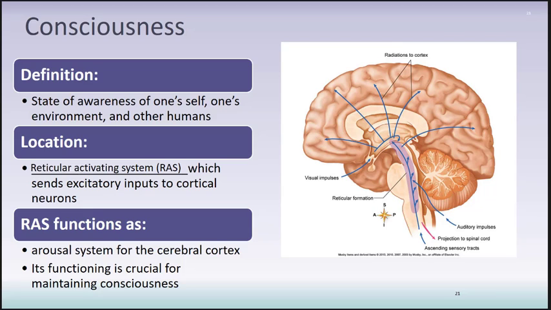Now, without continual excitation of cortical neurons by the reticular activating system's impulses, a person would be unconscious and could not be aroused. So once again, we need continual excitation of cortical neurons by the reticular activating system in order for a person to be conscious and aware.